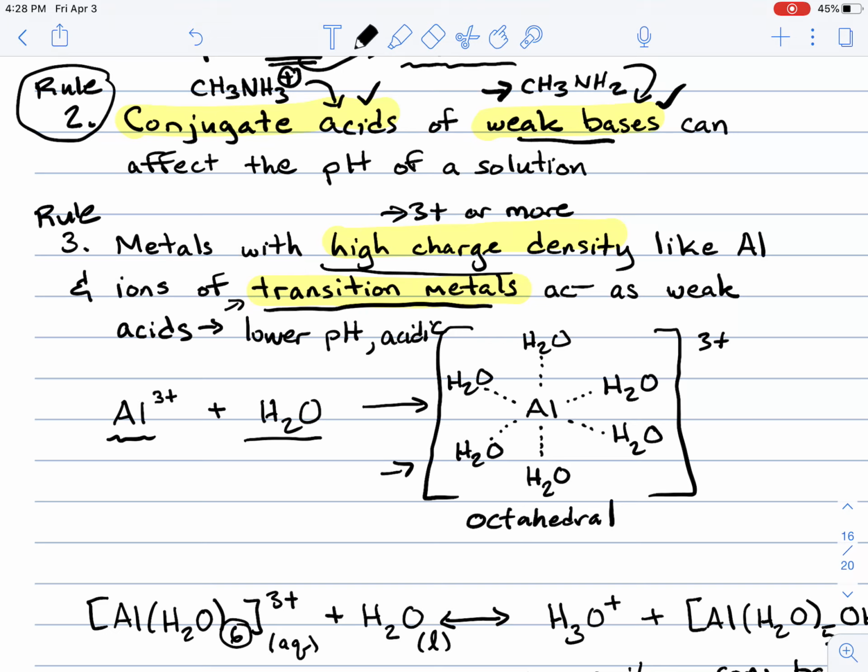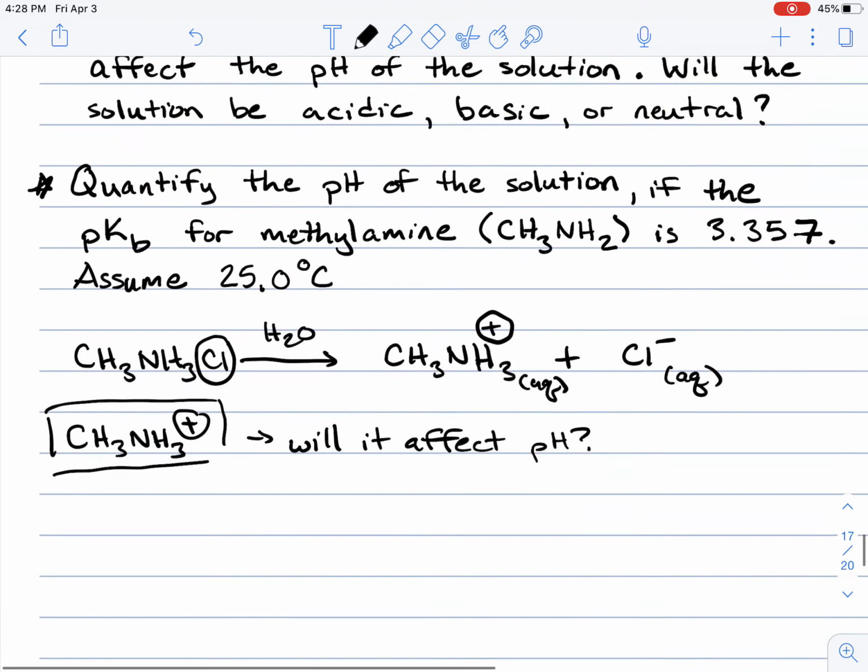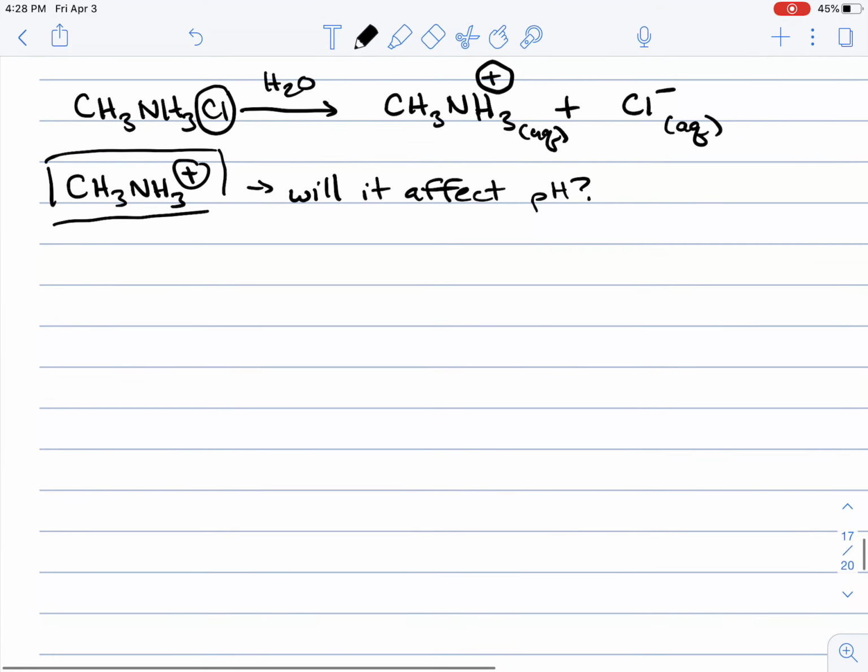Since both scenarios were checked off, Rule 2 is telling us that CH3NH3+, or methylammonium, can affect the pH of the solution. So here we're going to answer yes, and we used Rule 2 to make that justification.